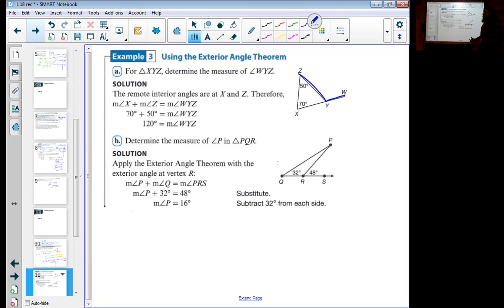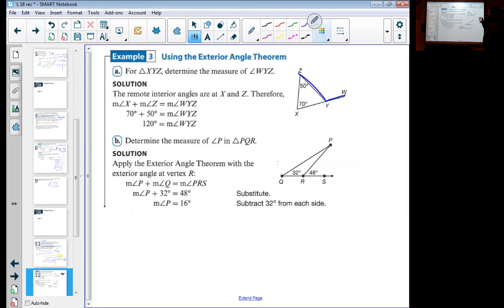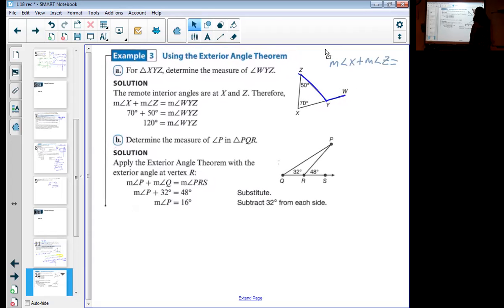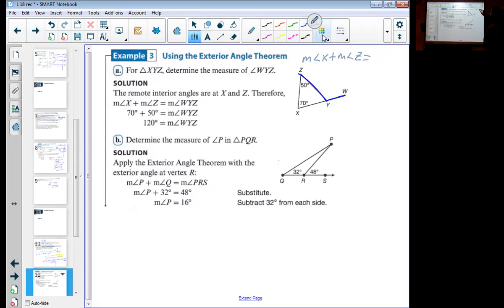For this, we want to use the remote angle theorem to say that the measure of angle X plus the measure of angle Z is equal to the measure of angle WYZ.